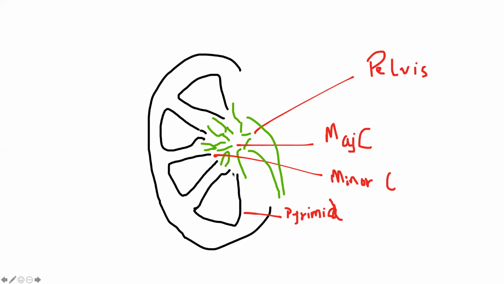And they open into a small collecting area. That is what we call the minor calyx. And these minor calyces join together to form the major calyx. And these major calyces finally join into the renal pelvis.